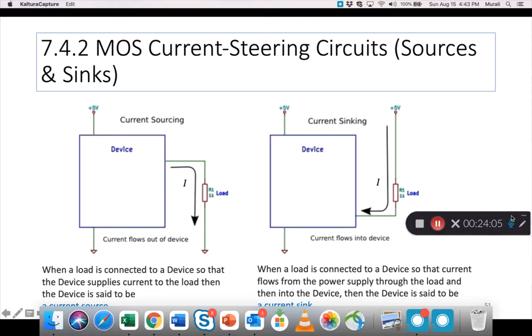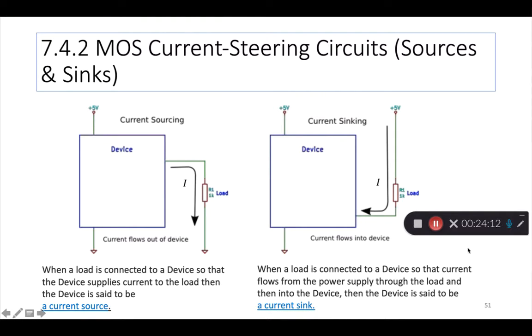Okay, before we move ahead, I had to introduce one new idea. Maybe it's not new, maybe you know it, but the idea of current source and current sink. It wasn't too clearly mentioned in the chapter, so I thought I'd find some information from somewhere else to help you understand it. So here's this big device, the big blue box.